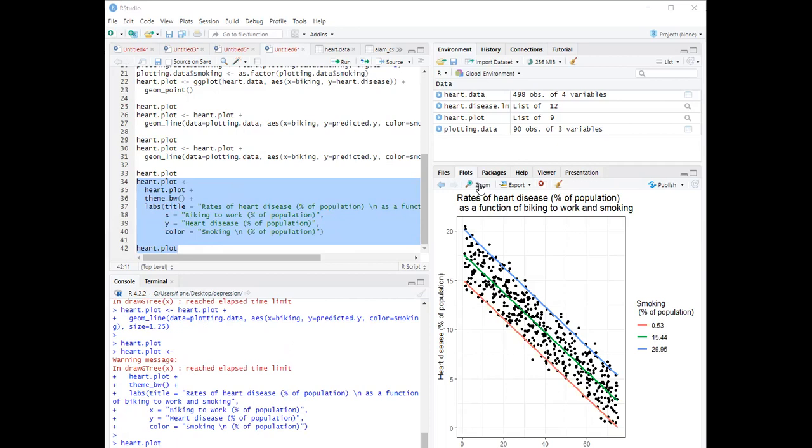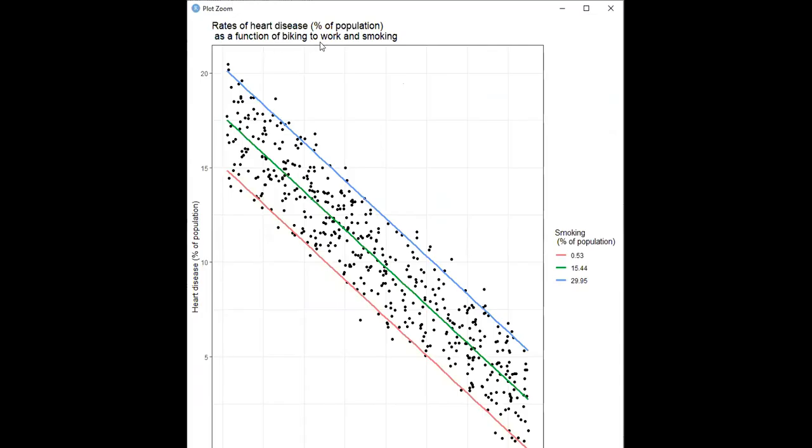You can see, I hope that you can see it. Rates of heart disease of population as a function of biking to work and smoking. So we have taken the biking, the smoking, and the heart disease as percentages of population.